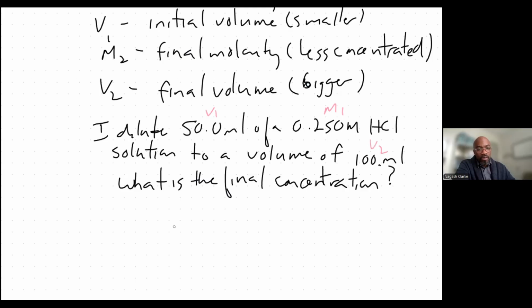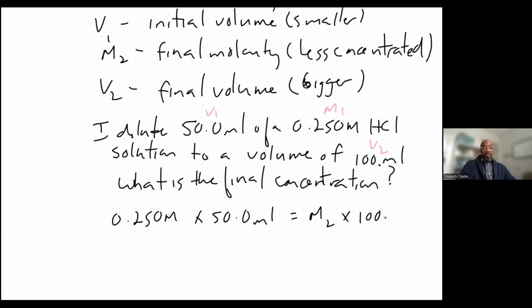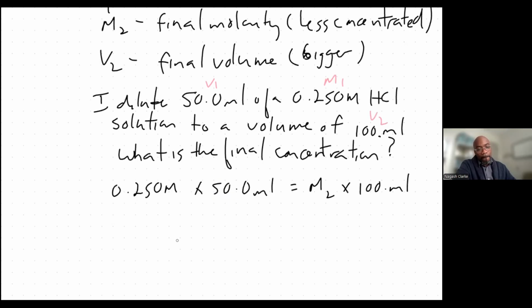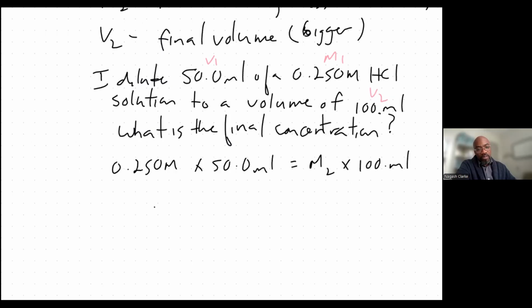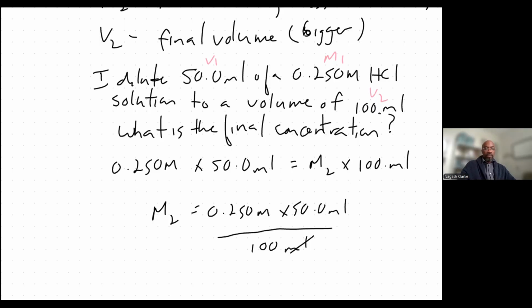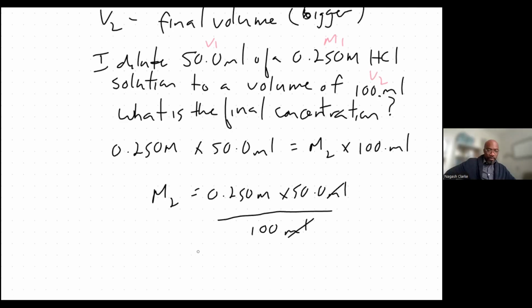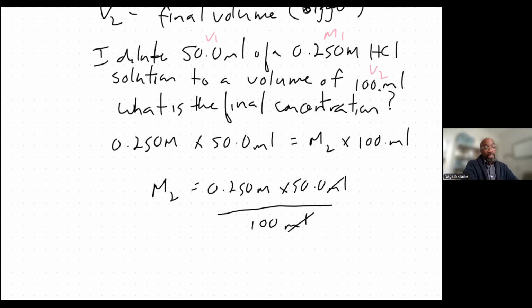I'm going to set up a mathematical expression equals M2, which I don't know, times V2. And then I will solve for M2. M2 is equal to 0.250 times 50 over 100 milliliters. Do that math.